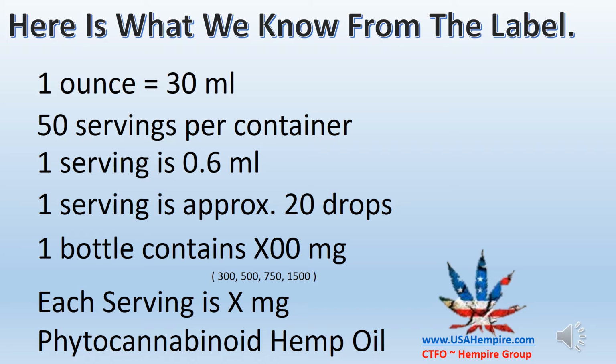Well, that can make sense. 30 divided by 50 is 0.6. So a serving size is 0.6 milliliters, which is approximately 20 drops from the dropper that is included in the bottle.